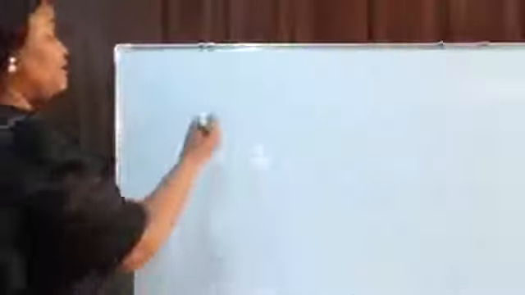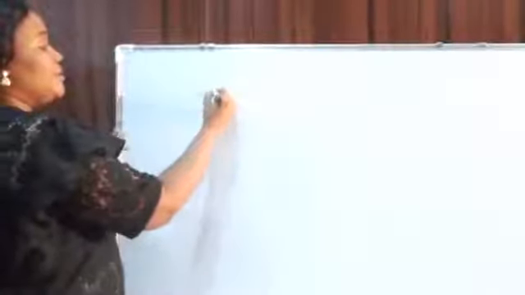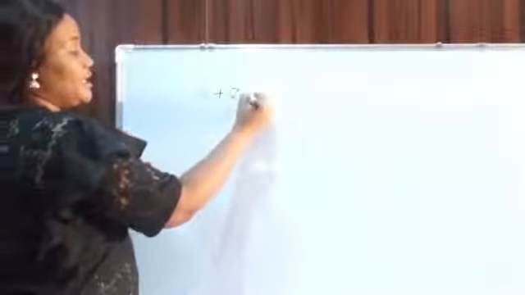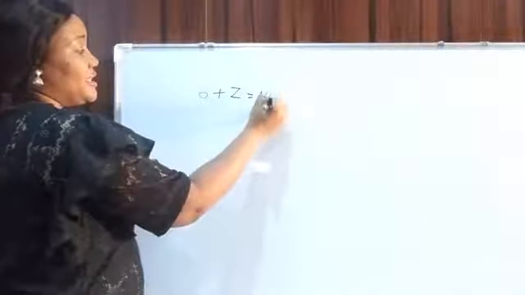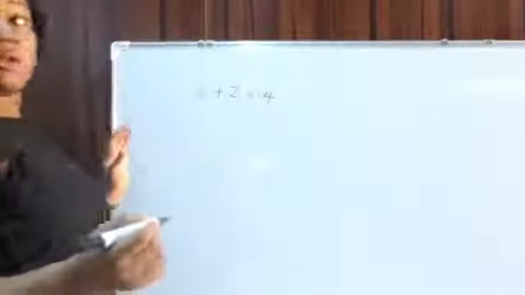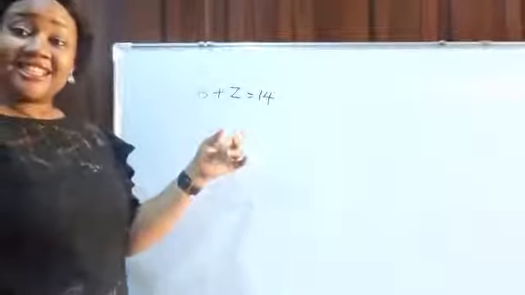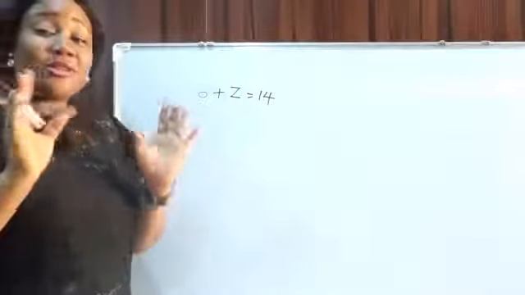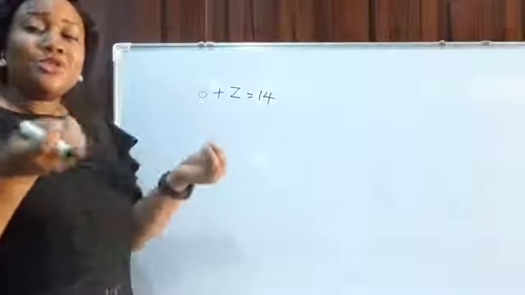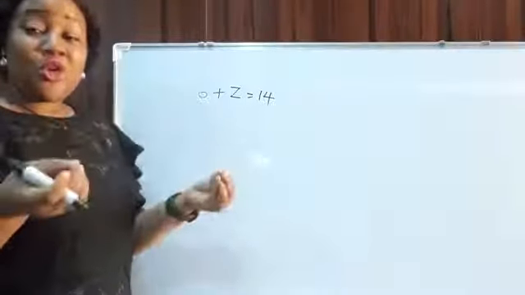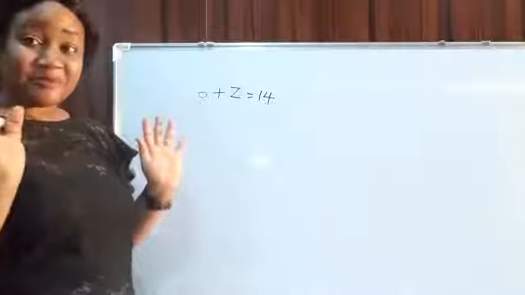Voila! You have 6 plus Z equals 14. Okay? And we need to find our Z. Like I said, just focus, just know what you need to do. All we need is Z. That's all.